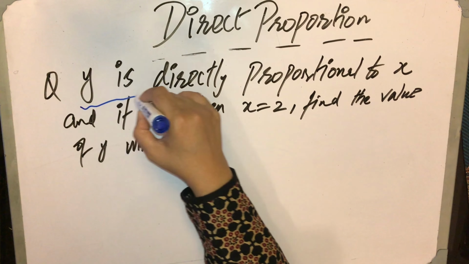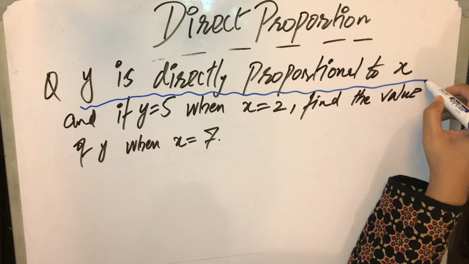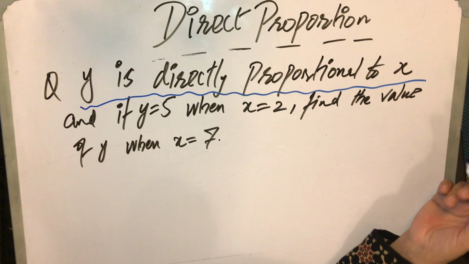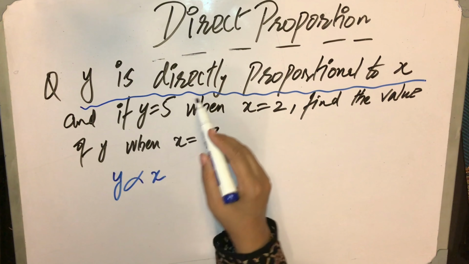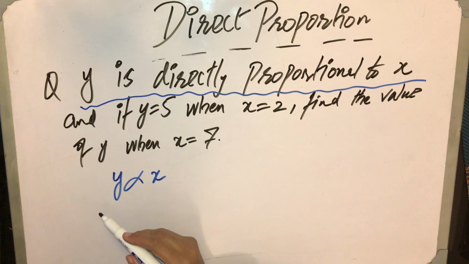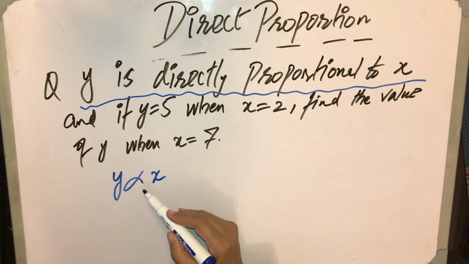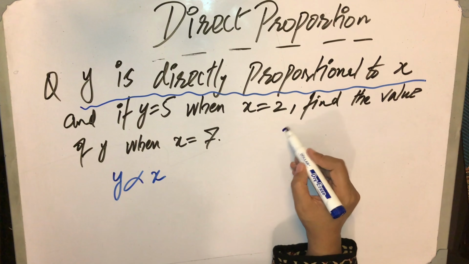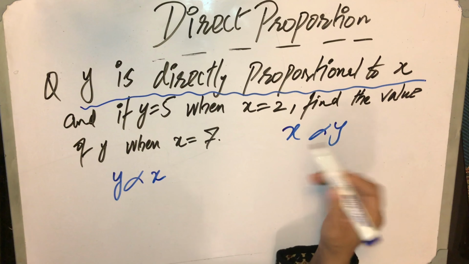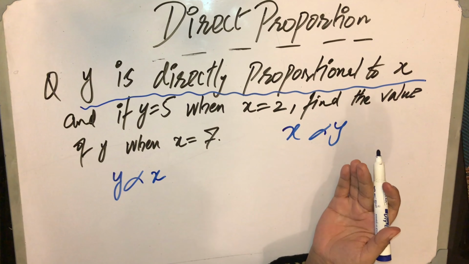When such a statement is given, you know that you have to use the constant of proportionality, that is k. Y is directly proportional to x. Y is means y will be written first. Y is, you have to put a proportional sign here. You cannot write it like this, x proportional to y. That will be the reverse situation and your question will be wrong.